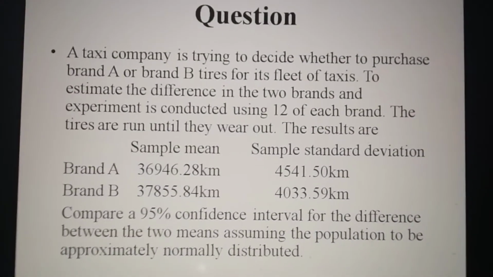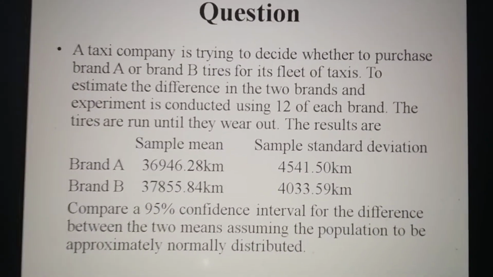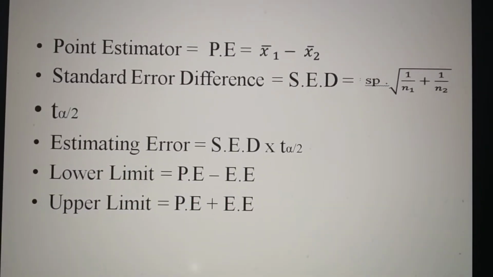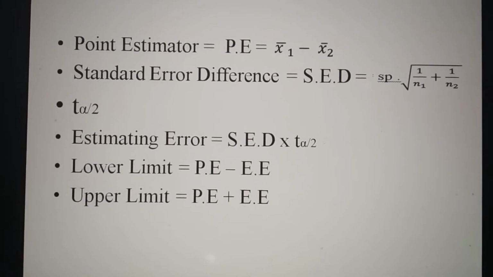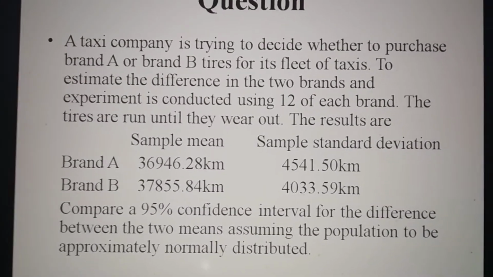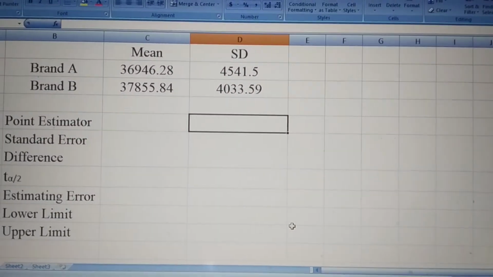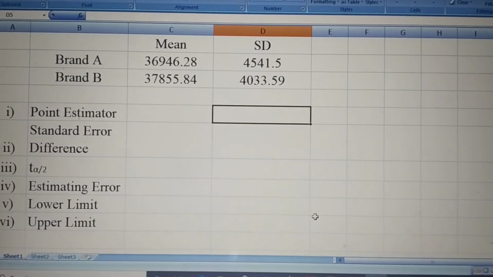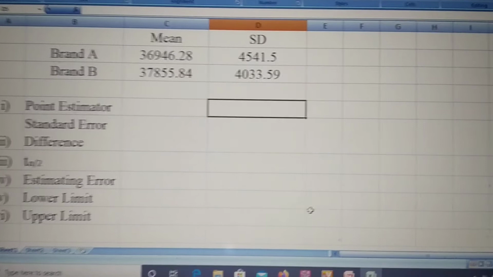In order to make things easy, I put these requirements into Excel. So let's have a look at it. These are the 6 requirements and this is the data we have been given.